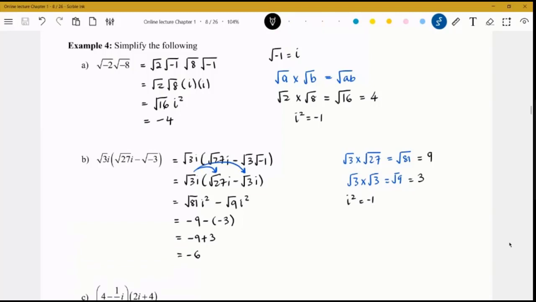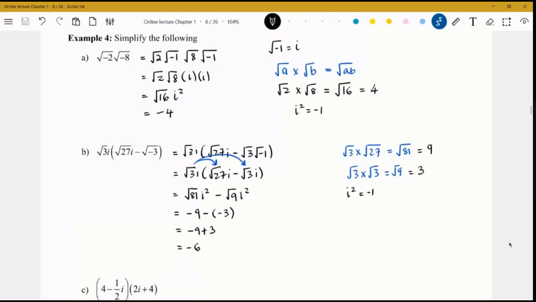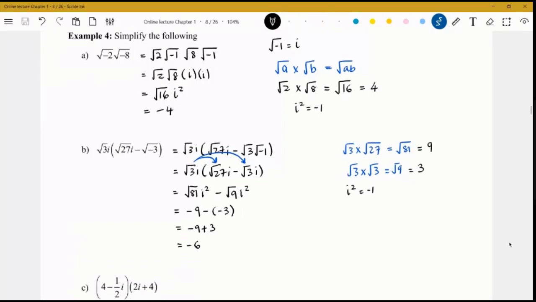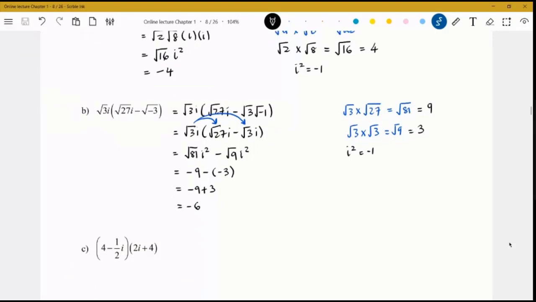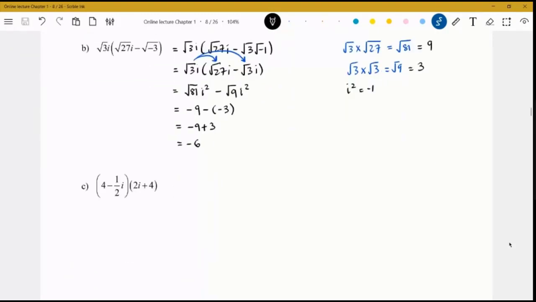Okay, so part C, if I go too fast let me know and I can hold. Okay, part C. So we have 4 minus half i times 2i plus 4. Okay, so we will expand one by one. So I'll put that one first.